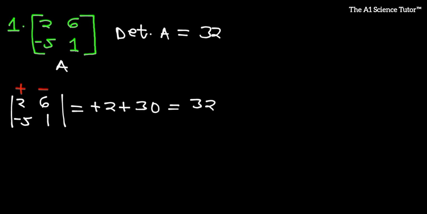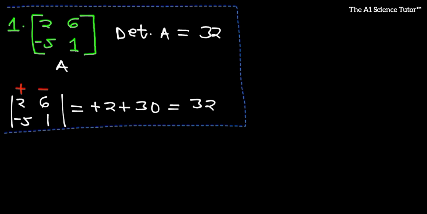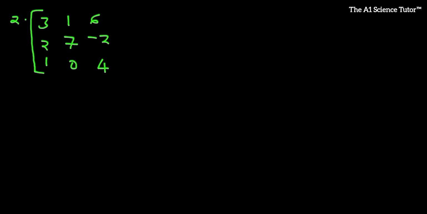Now let us go on to a 3 by 3 matrix. So this is a 3, this is a 2, and a 1. Here we have a 1, a 7, and a 0. And we're going to have a 6, -2, and a 4 right there.